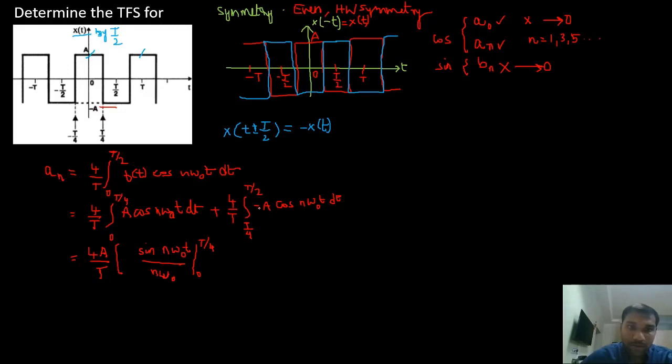And again here there is 4A by T, which is common, and a negative sign. The integral of cos is again sine n omega naught t by n omega naught, and now the limits here are T by 4 and T by 2.